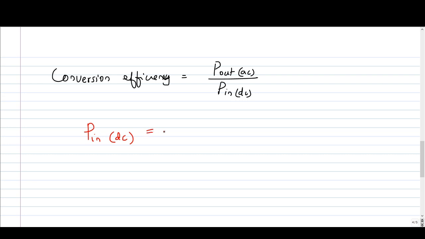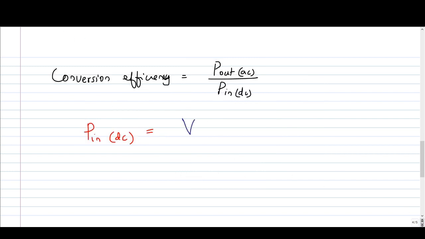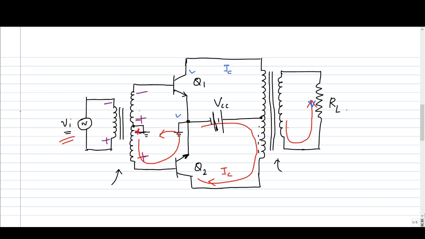So PNDC is the DC voltage multiplied by DC current. So DC voltage is nothing but VCC. Voltage of the DC power supply is VCC. Okay, so PNDC is VCC multiplied by current drawn from the battery, average DC current drawn from the battery.